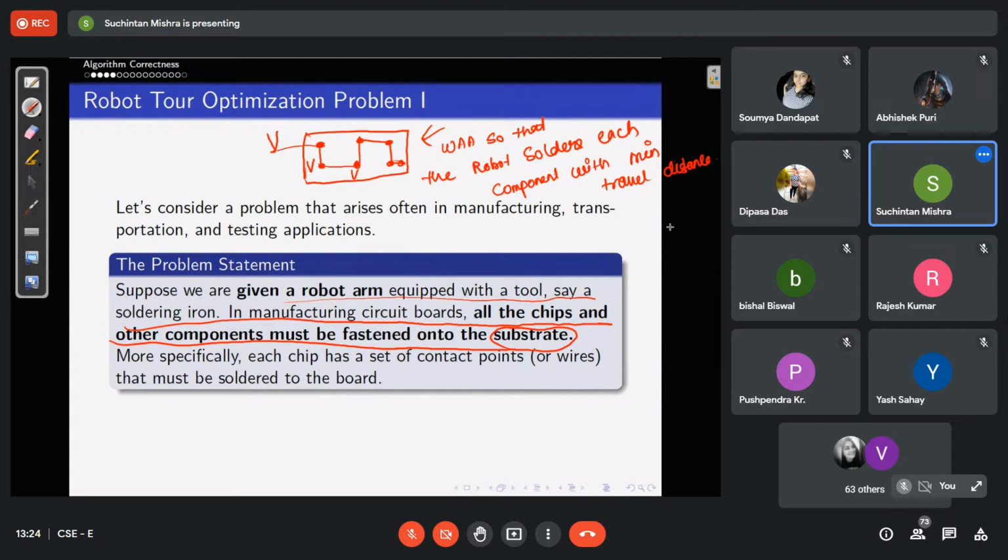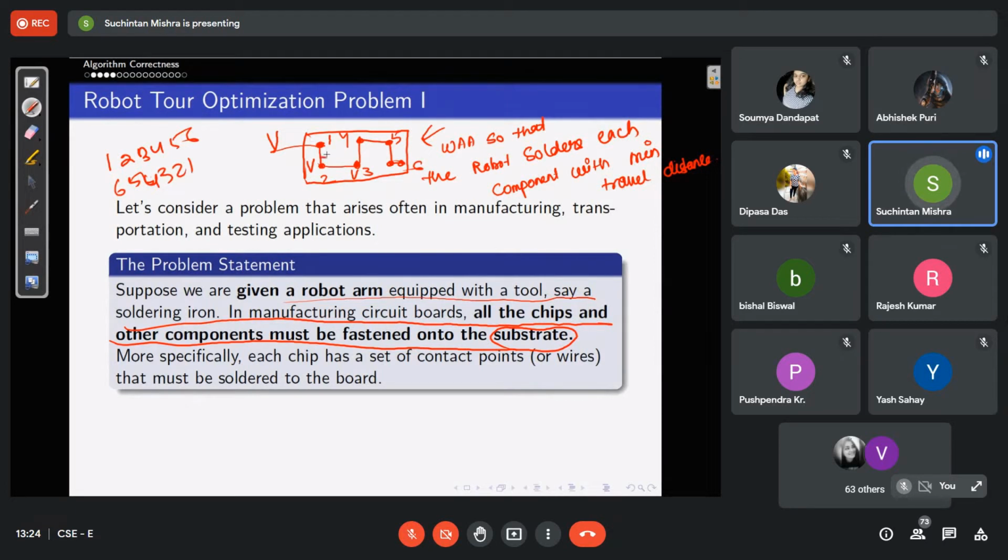Our objective is which point should be visited first. If these are points 1, 2, 3, 4, 5 and 6, will you visit the points 1, 2, 3, 4, 5, 6? Will you visit them 6, 5, 4, 3, 2, 1?